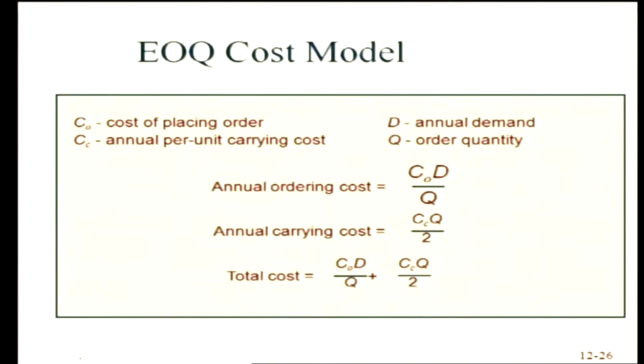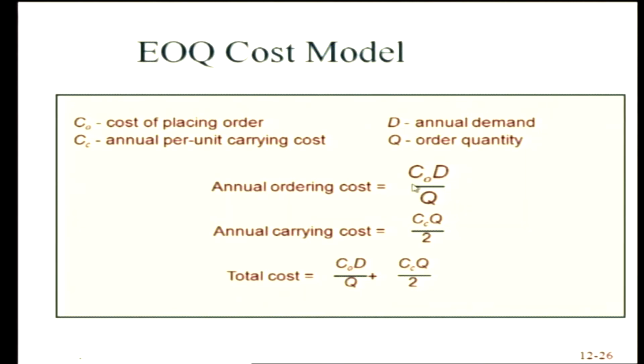Now in the economic order quantity cost model, we have certain costs as we have discussed: the cost of placing an order, or the ordering cost; the annual per unit carrying cost or holding cost; D is the annual demand; and Q is the order quantity. You will appreciate that D by Q, where D is the total demand and Q is the order quantity, gives the number of orders.